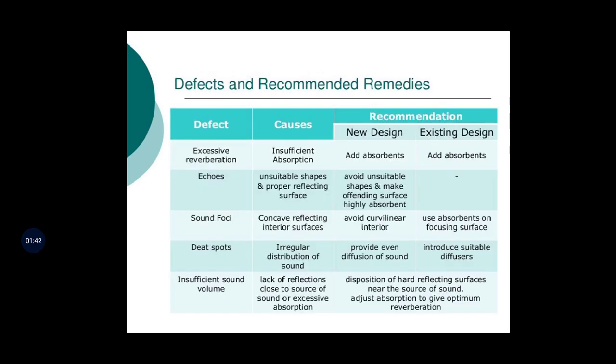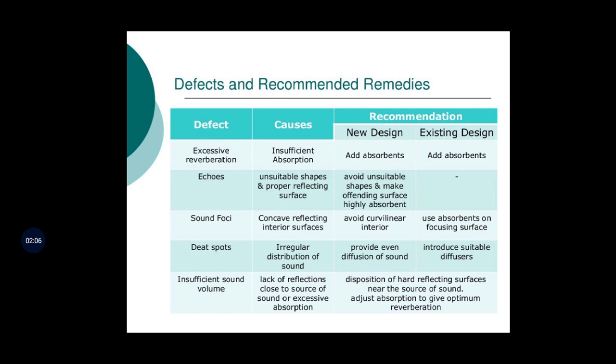Moving ahead, the table shows defects and recommended remedies. Now you can find the solution for each type of defect. See, excessive reverberation is there, the cause is insufficient absorption, so the solution is to add absorption.